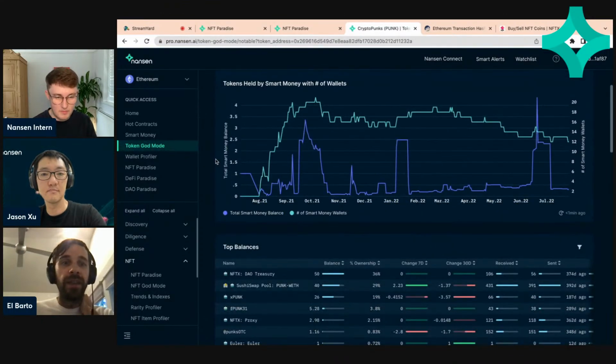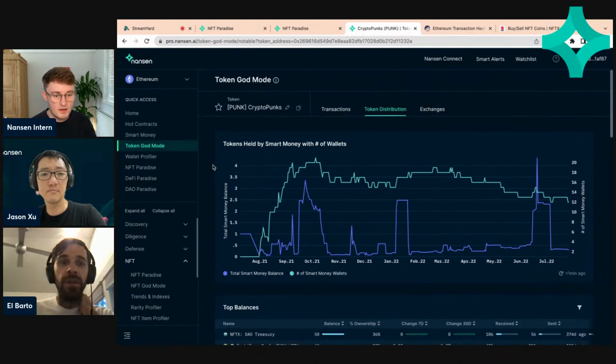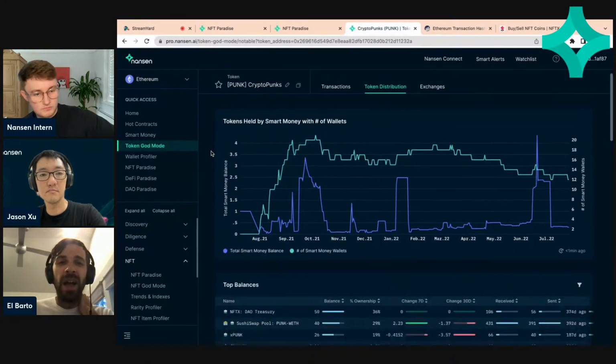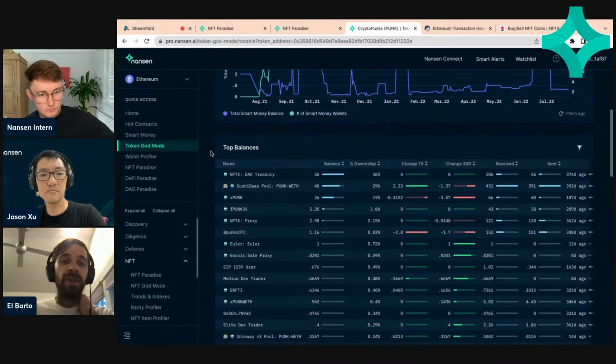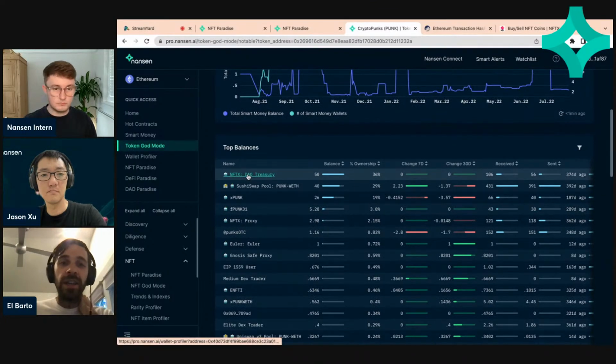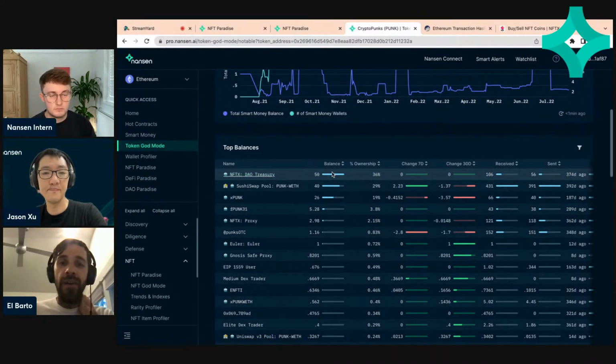So this was what I was trying to do earlier. So Punk coin, you can buy just the Punk on SushiSwap. It just has a bunch of punks in the vault. So then you can see here the NFTX DAO treasury, they have 50 essentially punks.